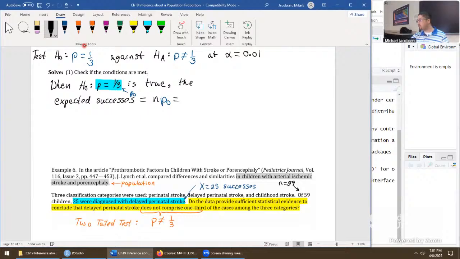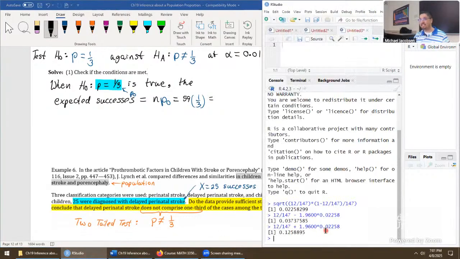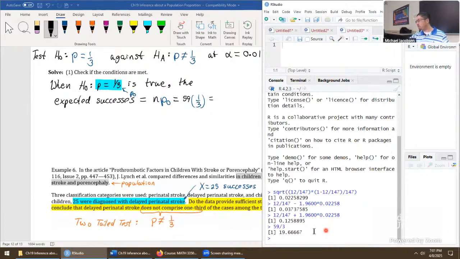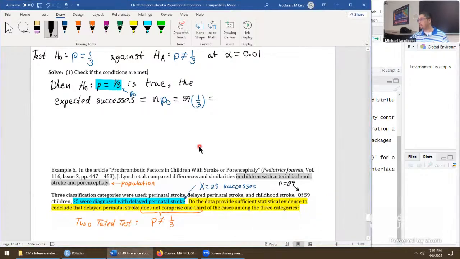So this will be sample size of 59 multiplied by 1/3. This looks weird because it's not going to be an integer in this problem. It doesn't even have to be. So let's do the computation and then discuss it. 59/3 is 19.6 repeating. But we really do keep that value as weird as it is.